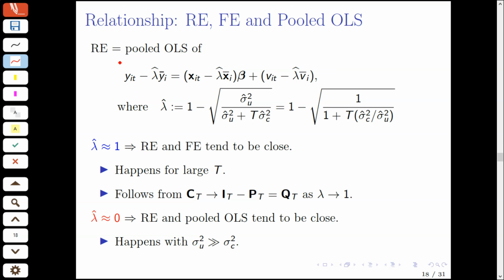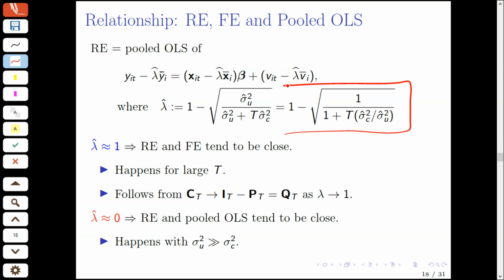Now, if lambda is close to 1, or rather its estimate is close to 1, then one may expect the random effects and fixed effects estimators to be quite close to each other. One may show from inspection of the lambda formula that if T is relatively large, then the term inside the square root should be close to 0.